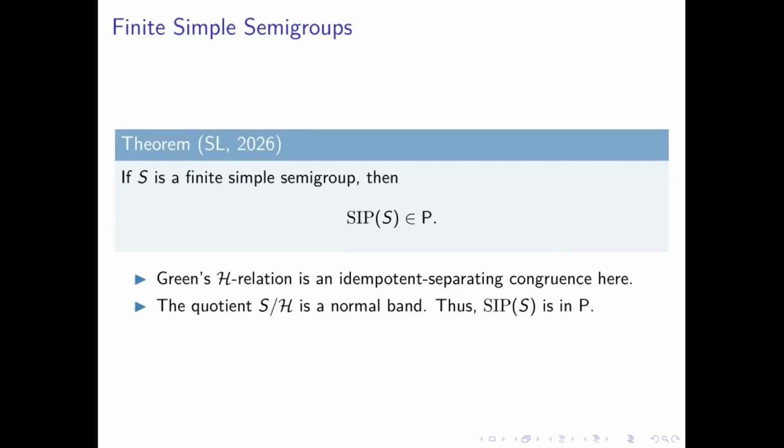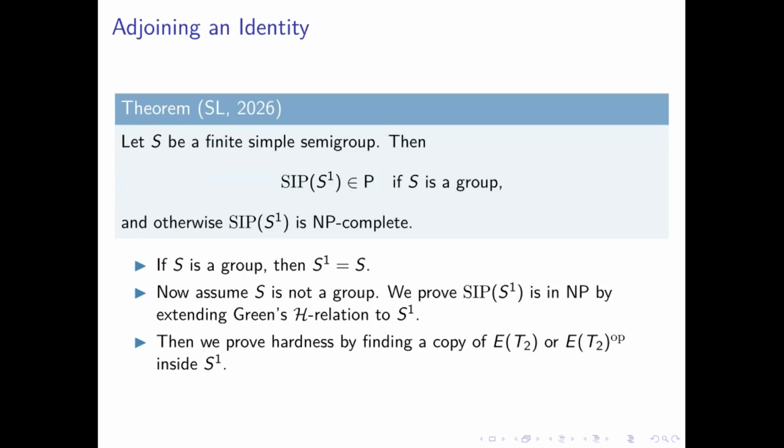Okay, so here is another result that we proved for finite simple semigroups. If S is a finite simple semigroup, then the subpower intersection problem of S is in P. This follows directly from the idempotent separating congruence: we take the quotient, and since the quotient is a normal band, SIP of S is in P. And now there's an interesting theorem here.